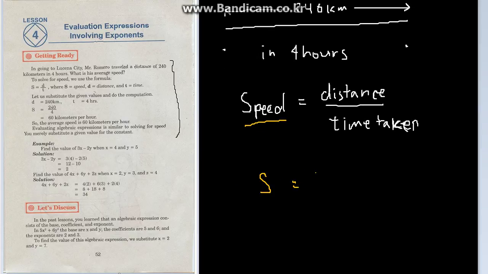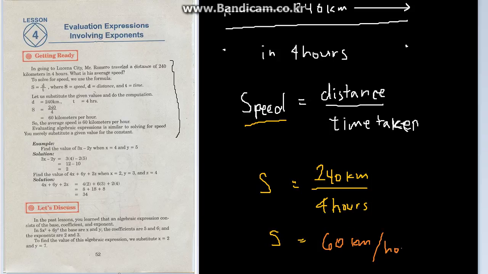Speed is, distance is what? 240 kilometers, right? 240 kilometers divided by 4 hours, right? Then speed is 60 kilometers per hour.